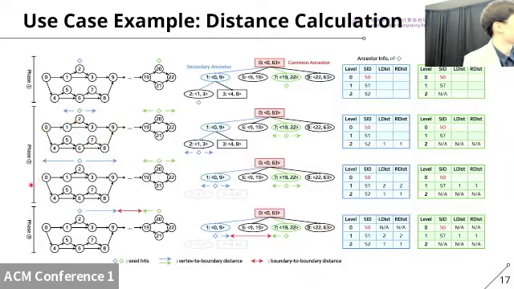And finally, the distance can be acquired by simply adding those distances together, and we can acquire the minimum distance between those vertices. And all this process happens on chip. So it will be good.